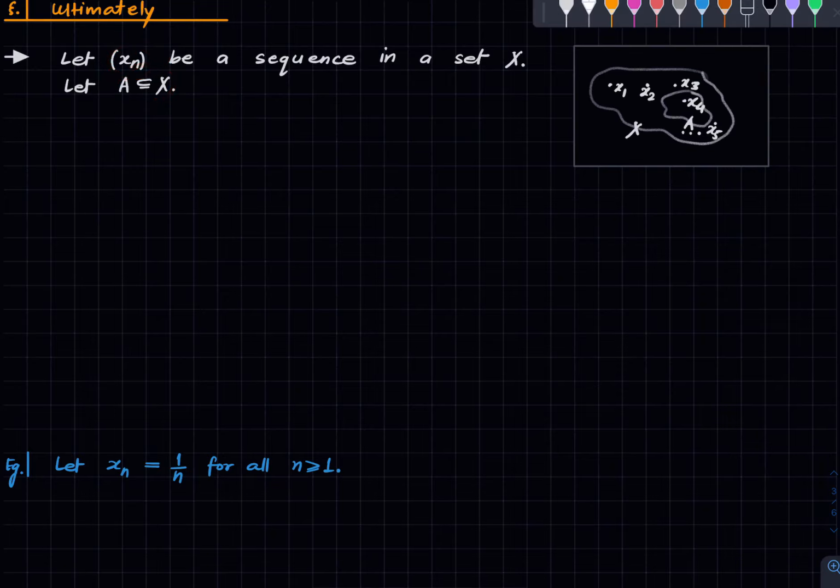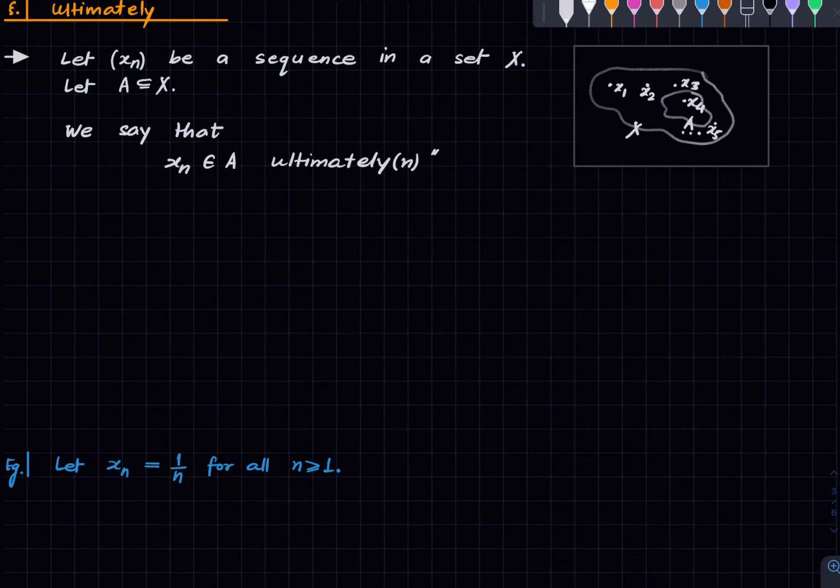Then we say that this statement, let me isolate it. We say that xn is in A ultimately, and put a bracket and write n inside it.